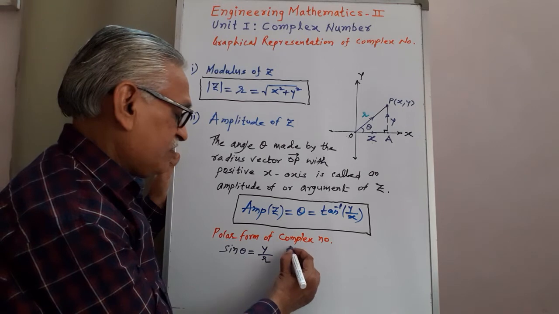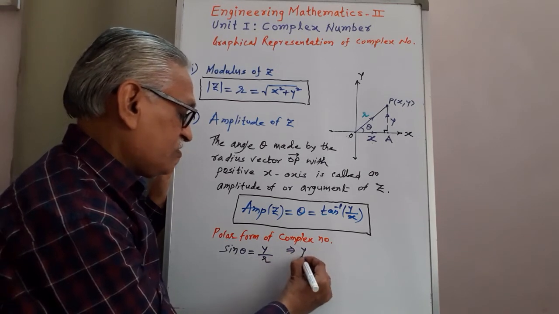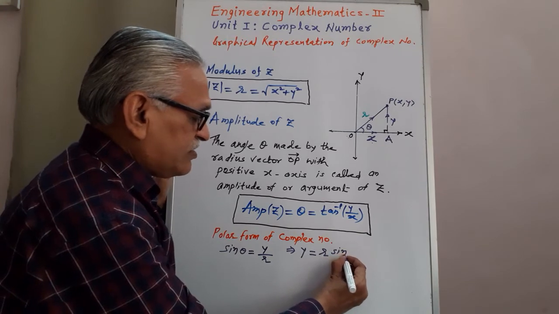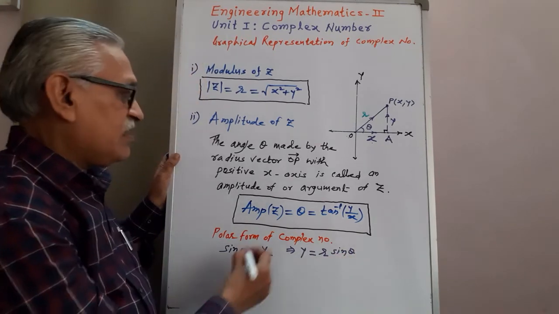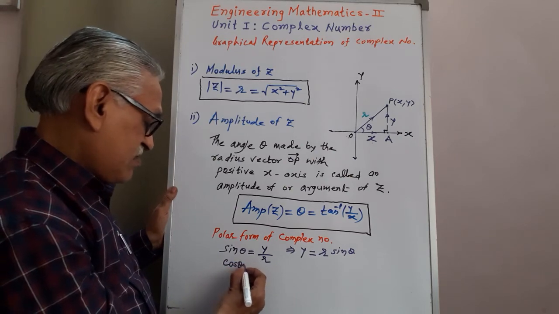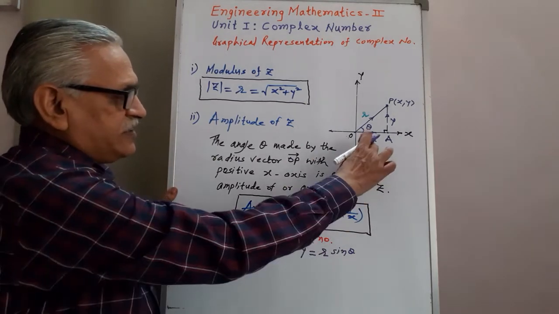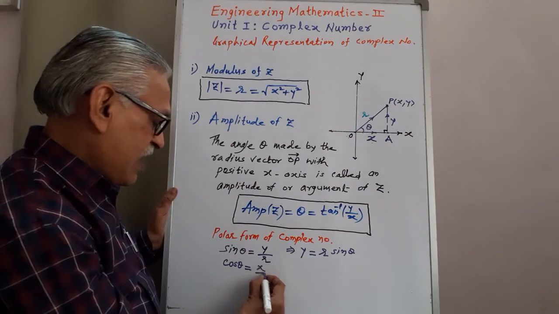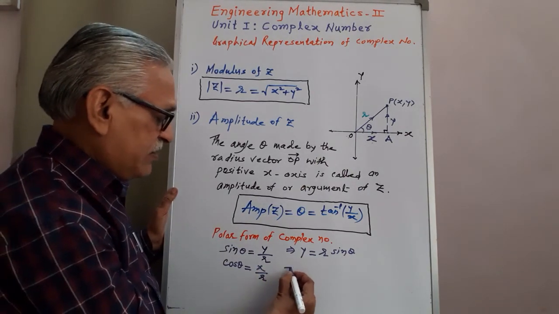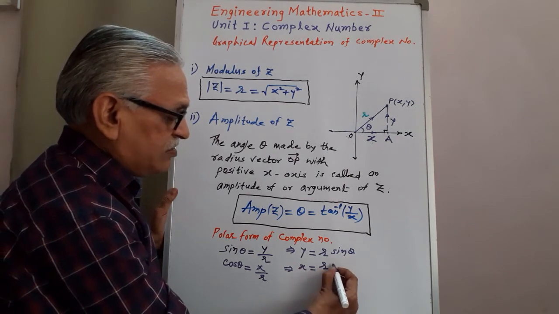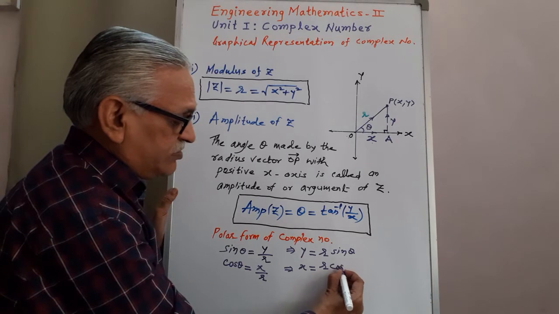It implies we get y is equal to r sin theta. Cos theta is adjacent side by hypotenuse, therefore it is x by r. It gives you x is equal to r cos theta.